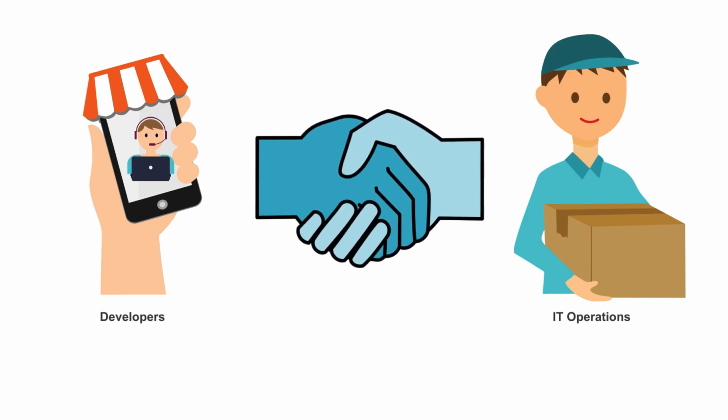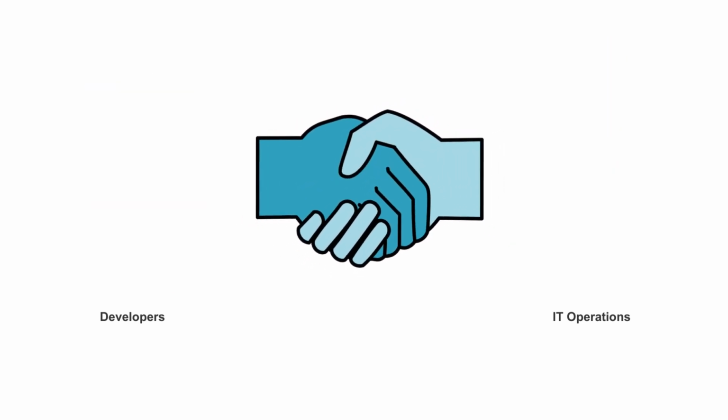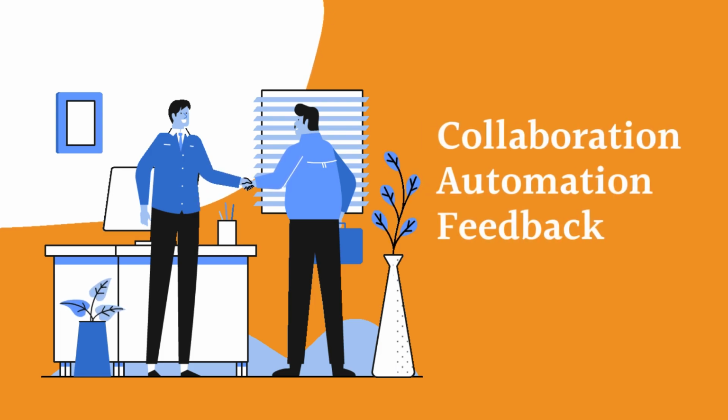DevOps is a combination of two words, obviously, development and operations, and it's a set of practices and principles that focus on collaboration, automation, and feedback throughout the software development lifecycle. So the main core objectives are simple: collaboration.